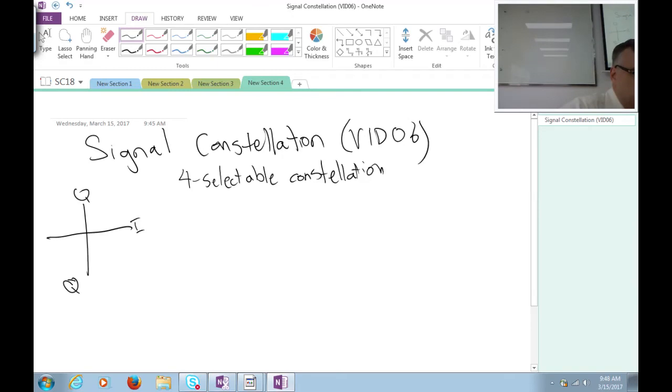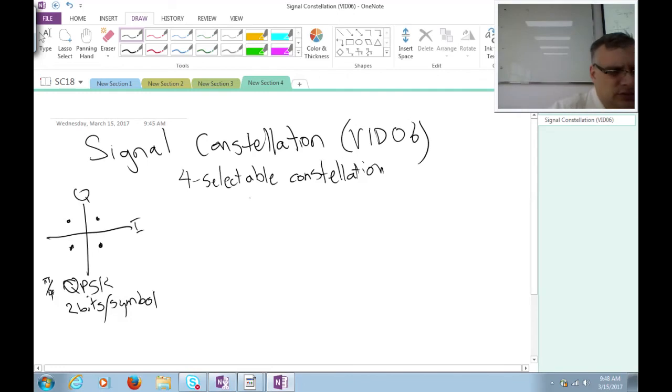If things are bad, we use QPSK. I'll draw out my standard pi/4 QPSK constellation. And of course you can transmit 2 bits per symbol.